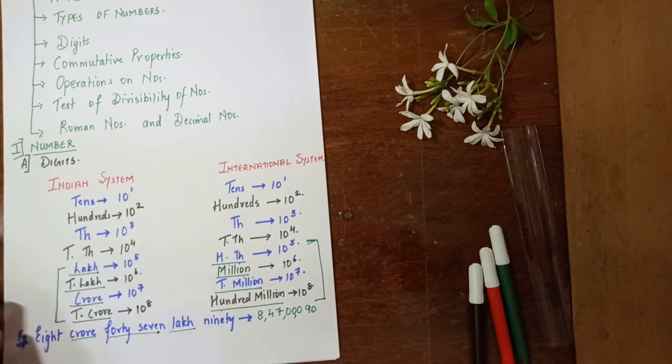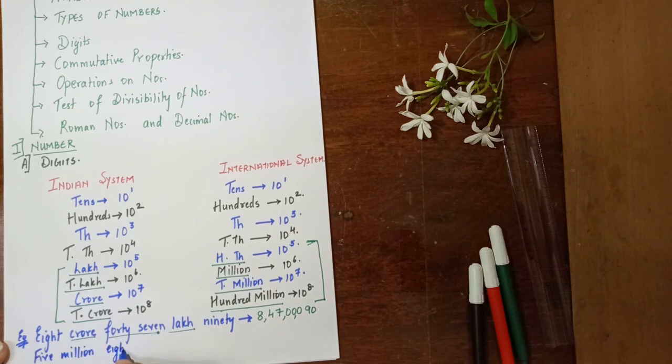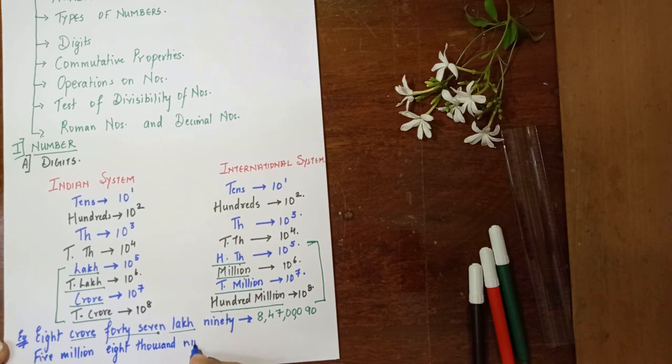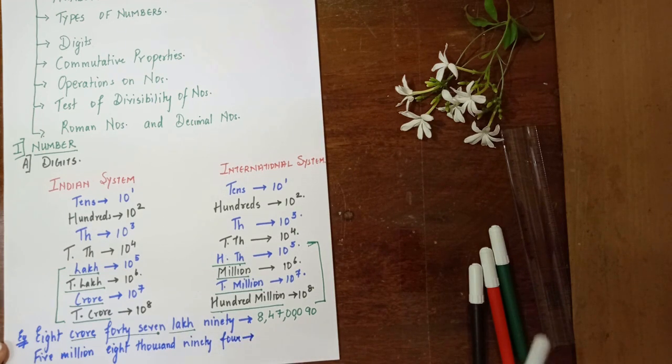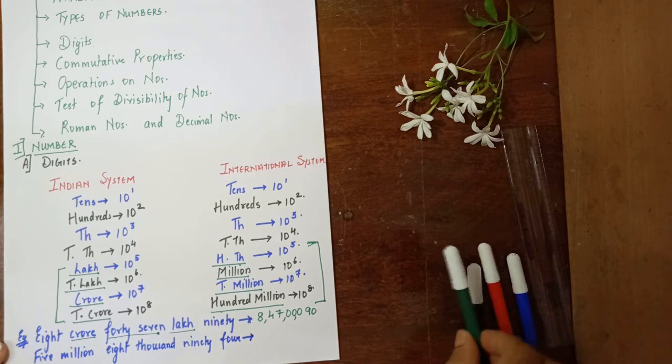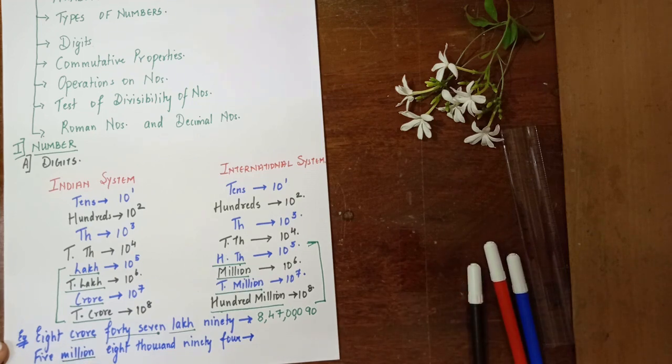I'll give you one more example from the other system so that you understand. 5 million 8,094. Now, if you see this number, they have used the word million.